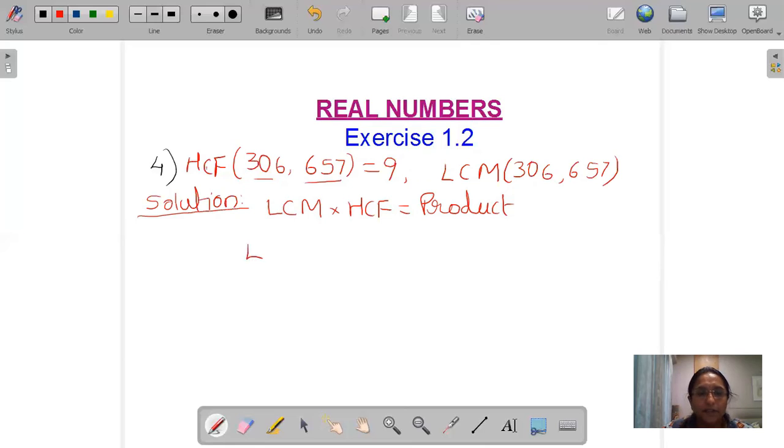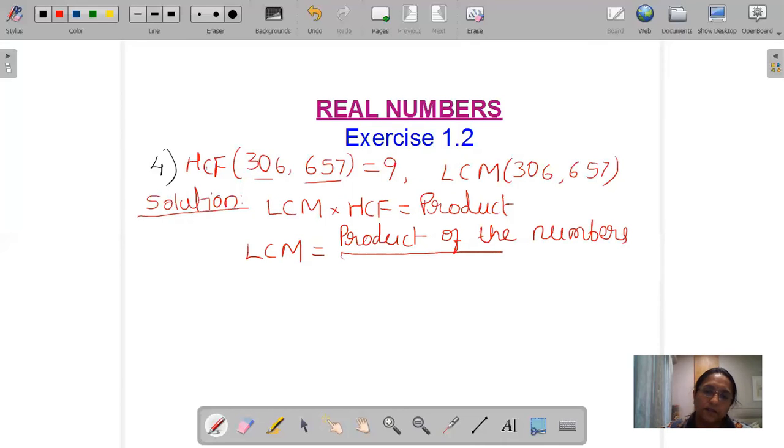So LCM is equal to what? It is product of the numbers divided by HCF, is equal to 306 into 657 divided by 9.